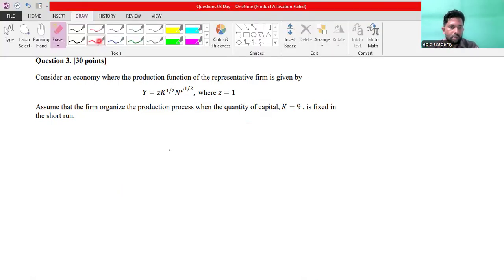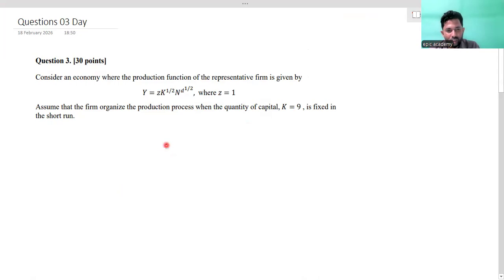Actually, the normal formula for the Cobb-Douglas production function is Q, where Q means production quantity, L means the number of labors utilized to produce goods and services, K means capital equipment for the production, and it is equal to A. A means technological growth, right?